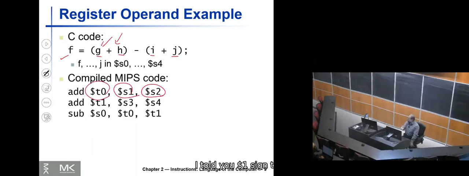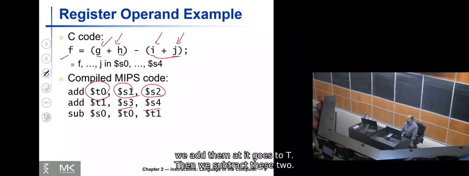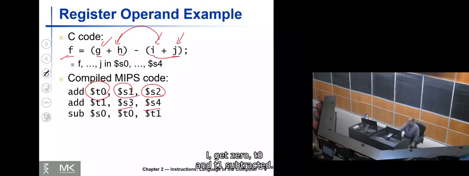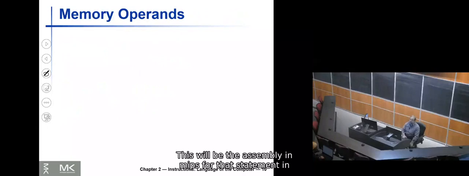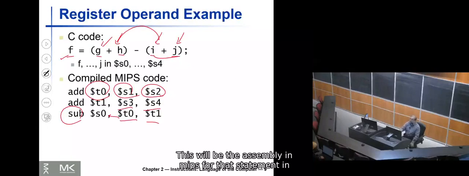I told you, $t registers will be used for temporary values, but $s registers will be used for storing variables in code. Then we add $s3 and $s4, and it goes to $t1. Then we subtract these two, $t0 and $t1, and the result goes to $s0. So this is the assembly code in MIPS for that statement in C.